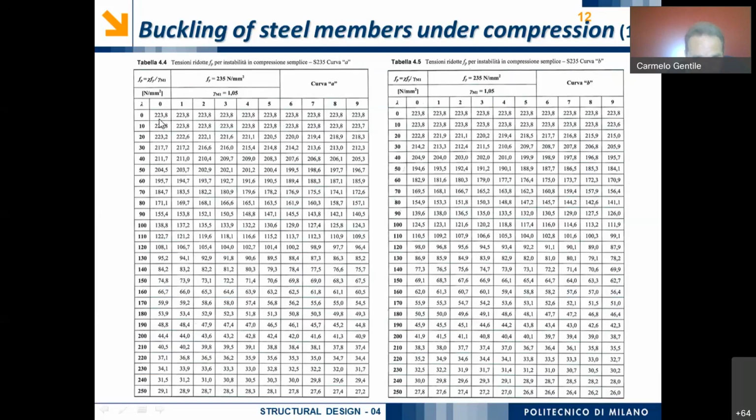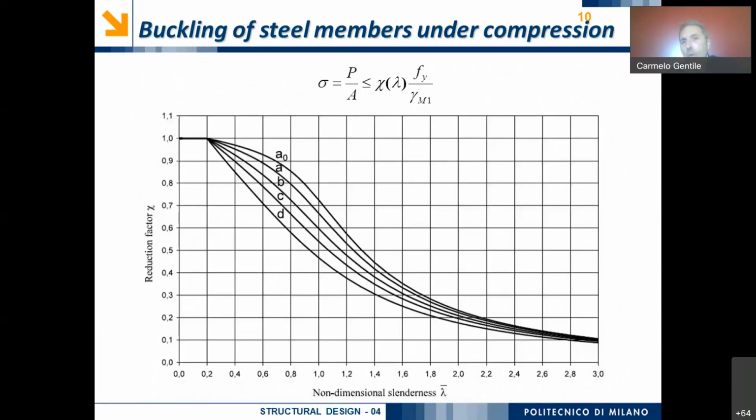And you see that 223.8 is the value until I have a slenderness of 18. So for very low slenderness, as we expect, we have a value of the chi coefficient which is basically equal to f epsilon over gamma M1, because in that curve I have this product.